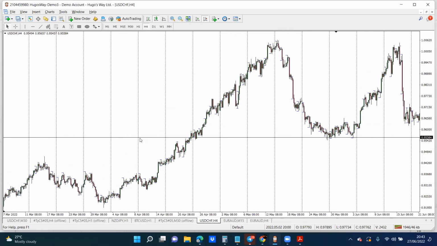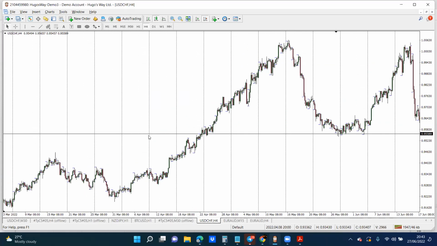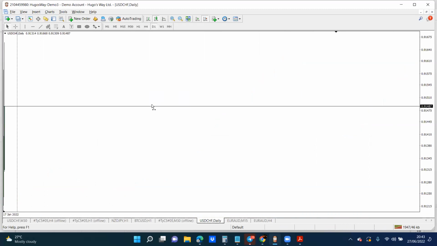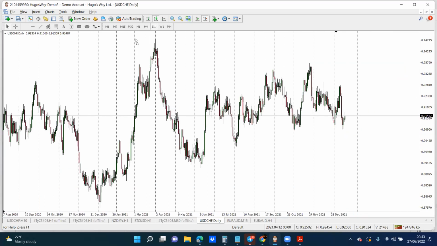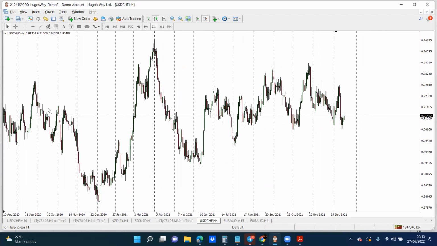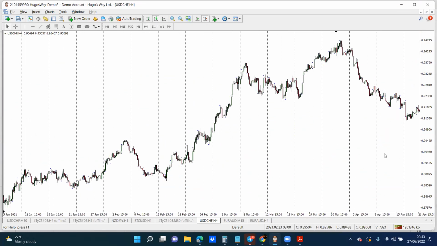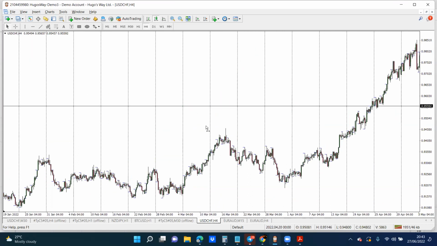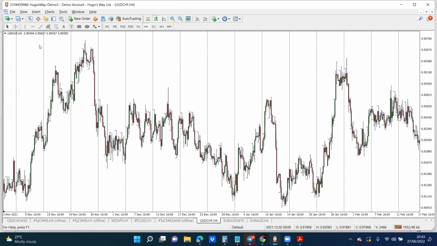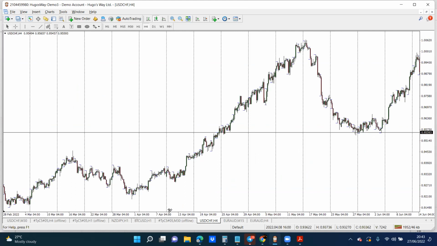Let's look at this scenario here, where on the 4-hour time frame, I'm not getting this, so let me just use the usual trend line.